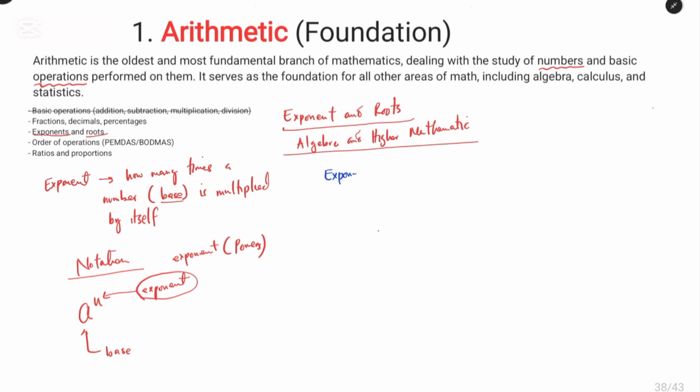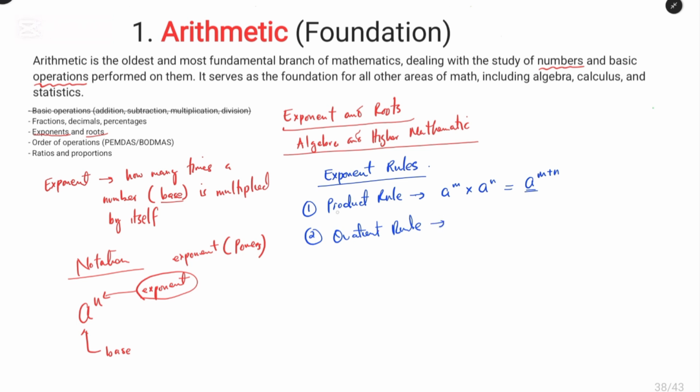The exponent rules are as follows. 1, we have the product rule: a^m times a^n gives a^(m+n). Remember that the base is the same when we are dealing with the same base. Second, the quotient rule. When we say product rule, we represent the multiplication sign. In a quotient rule, a^m divided by a^n is equal to a^(m-n).